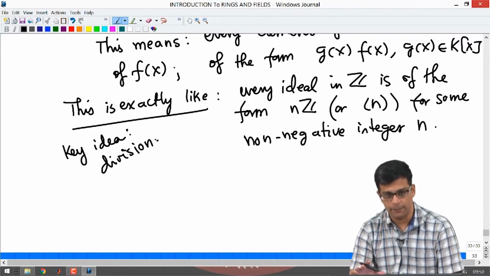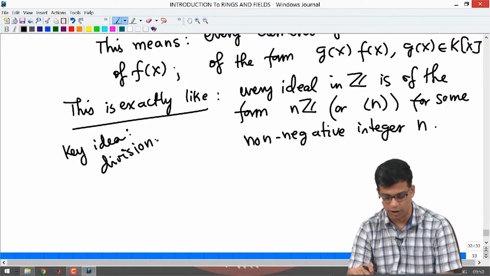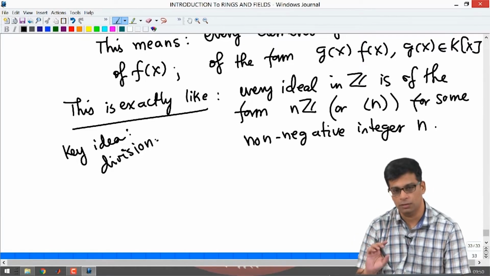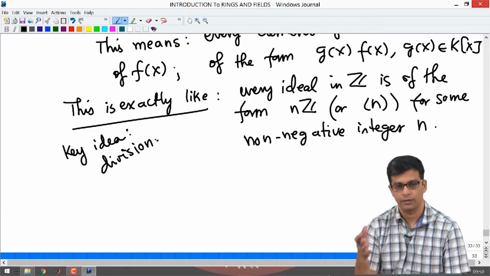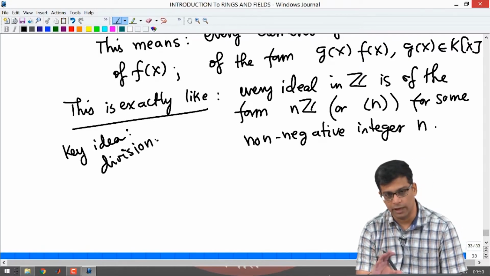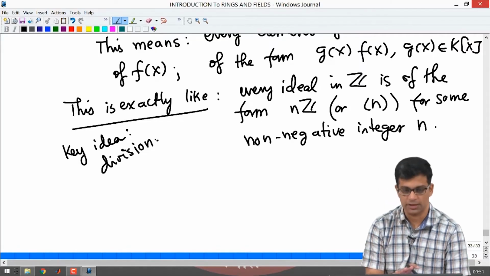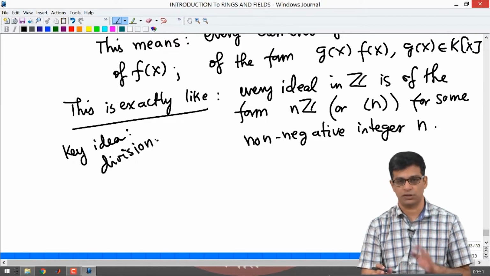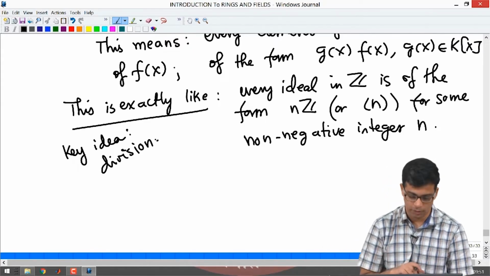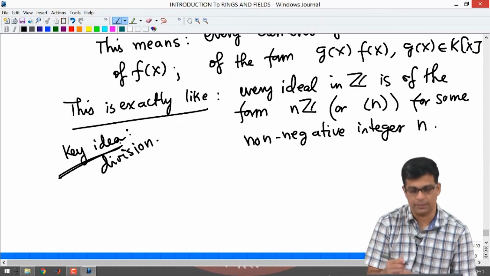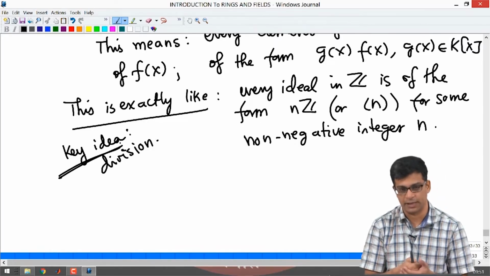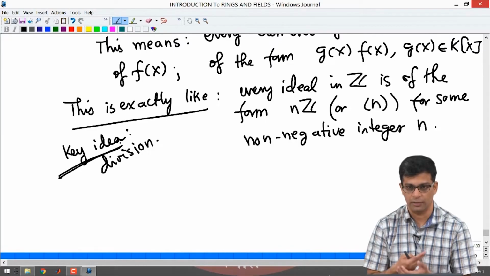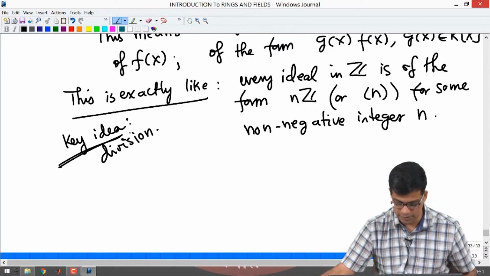We started with an ideal. If it is the 0 ideal, it is already of the form 0 times Z. If it is not the 0 ideal, it must contain some non-zero number, then it must contain a positive integer, because an ideal is closed under taking inverses. So, if it contains non-zero elements, it contains positive elements, and then we simply take the least positive element of I, and use the division algorithm to argue that everything is a multiple of that, because we can divide by this least element, and the remainder is a number strictly less than this element. So, it cannot be there if it is positive. So, it must be 0, in other words the remainder is 0.